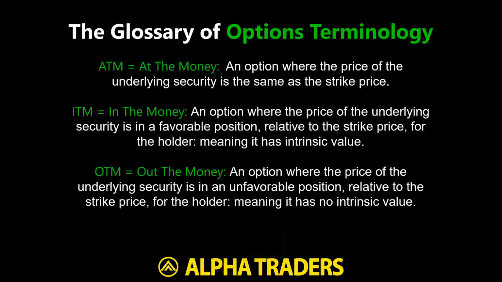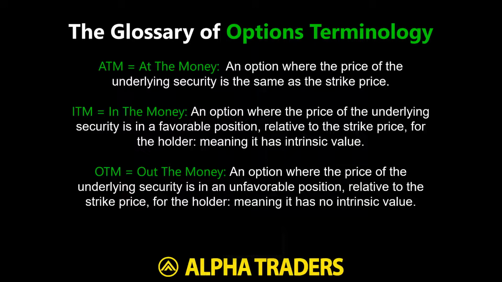If I have a call option for AMD, anything under $50 and I'm in the money, meaning if I were to exercise my $45 call option, I can now buy 100 stocks at $45 a piece instead of the going rate or current market rate of $50 a piece. That would be considered in the money.